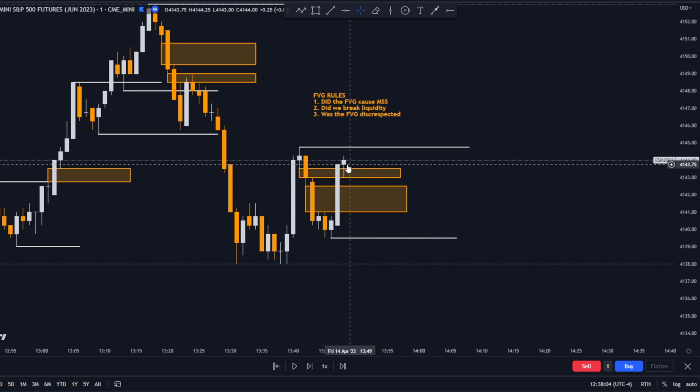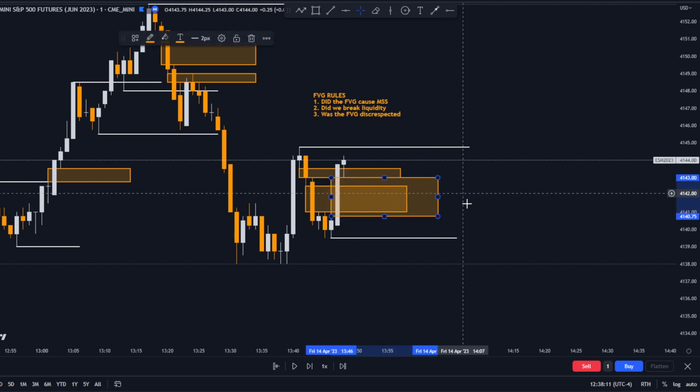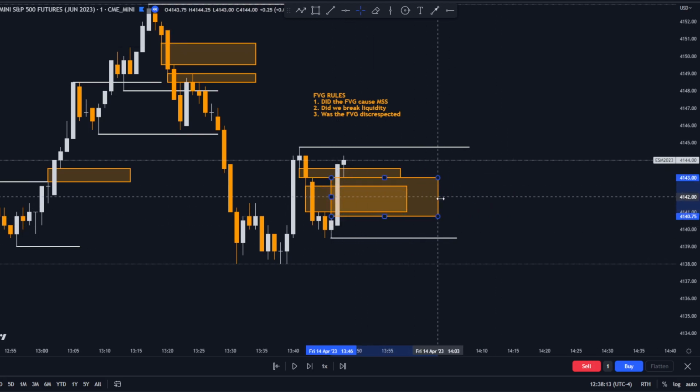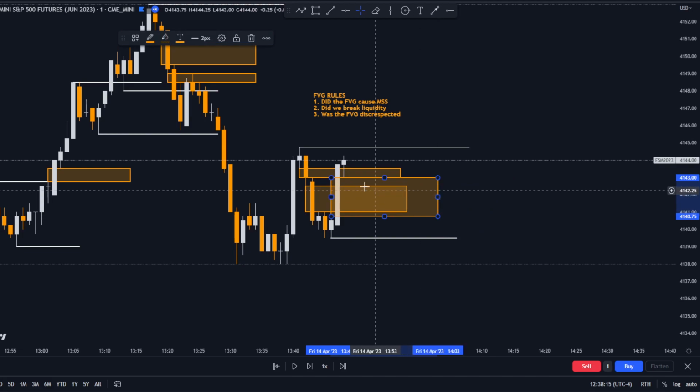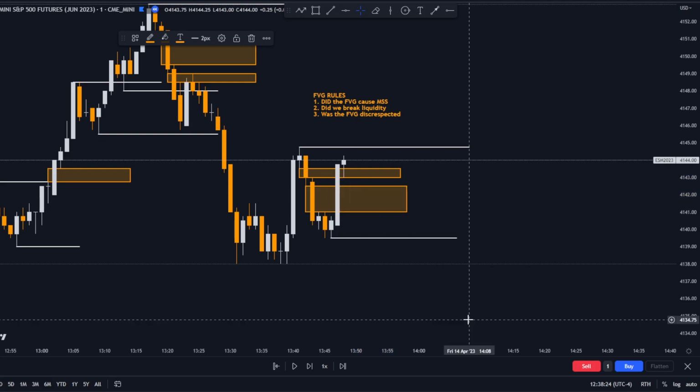So you see, it closed above both. Now you also have this fair value gap right here, but this is not a good one. This fair value gap basically did nothing. It did not take any liquidity, didn't break, didn't make a market structure shift, nothing.